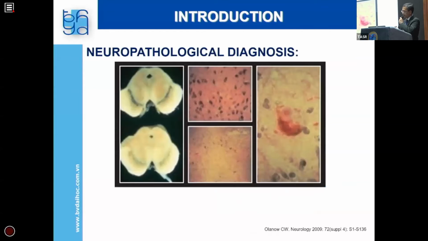How about the neuropathology diagnosis? As you know, neuropathology diagnosis is still considered the standard for the diagnosis of Parkinson's disease.